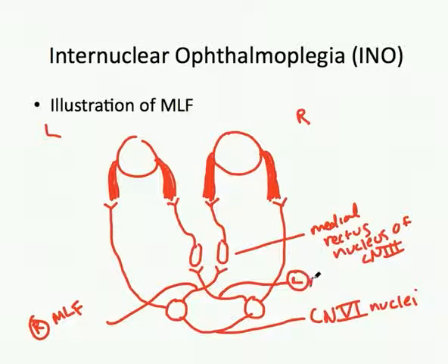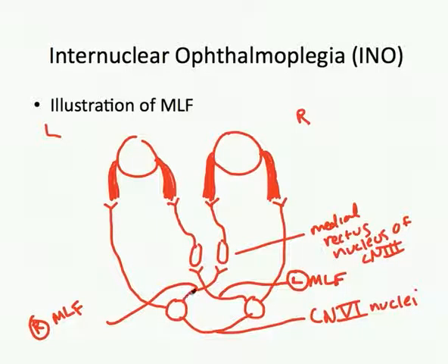So if you have damage to the right medial longitudinal fasciculus, we call that a right INO. The clinical syndrome is that if you have a right INO, you're unable to adduct your right eye when your left eye abducts, and that's because you have damage to the right medial longitudinal fasciculus. So basically your left cranial nerve 6 nucleus is firing, and that's stimulating firing of your left lateral rectus to abduct your left eye.